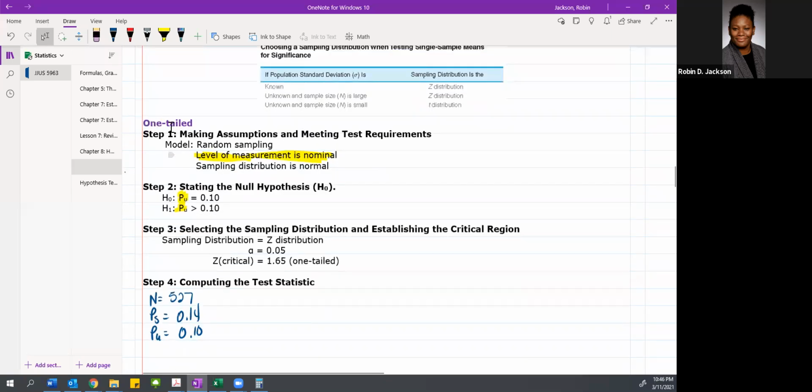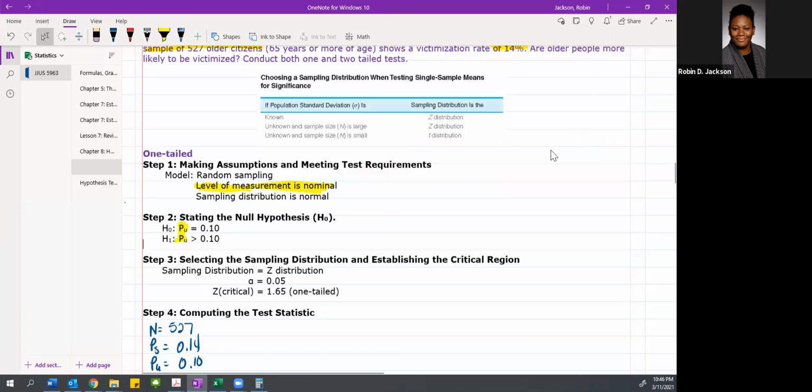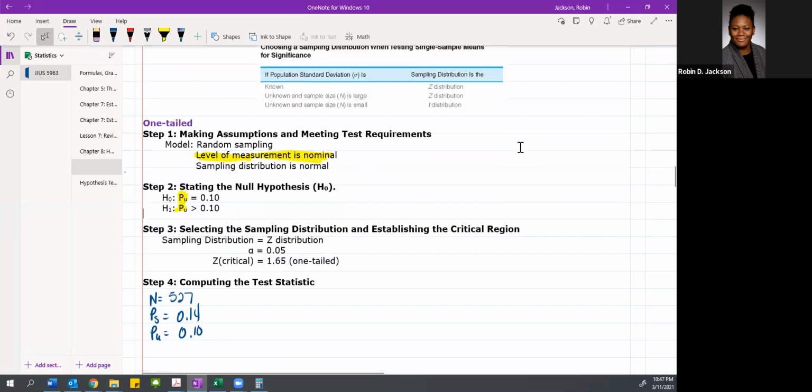This information tells us the direction of the tail. Because we're asking whether older people are more likely, we want to know if the proportion for older people is higher than the proportion for everyone else. That's how we know we're going to use the greater than sign here.